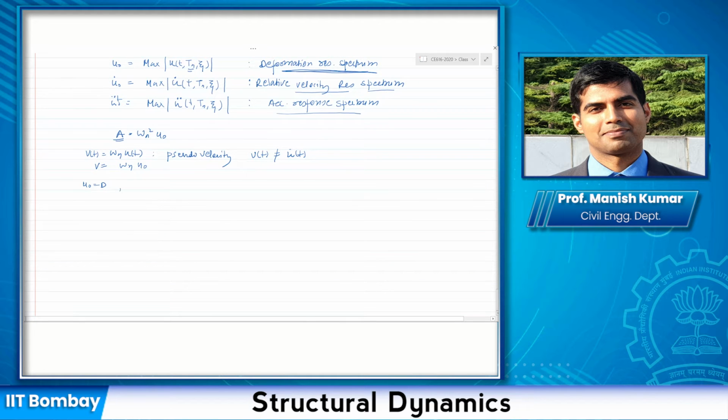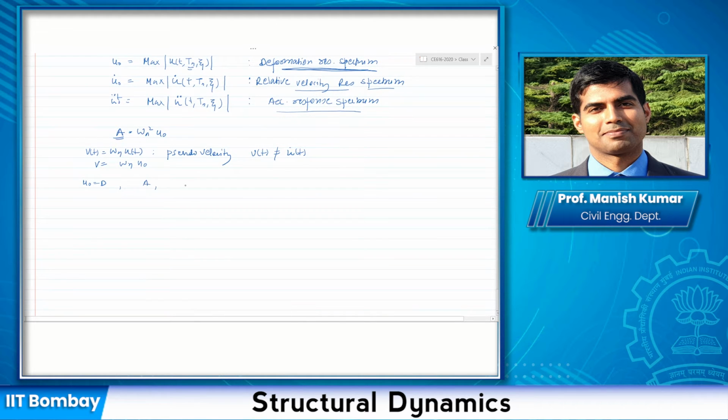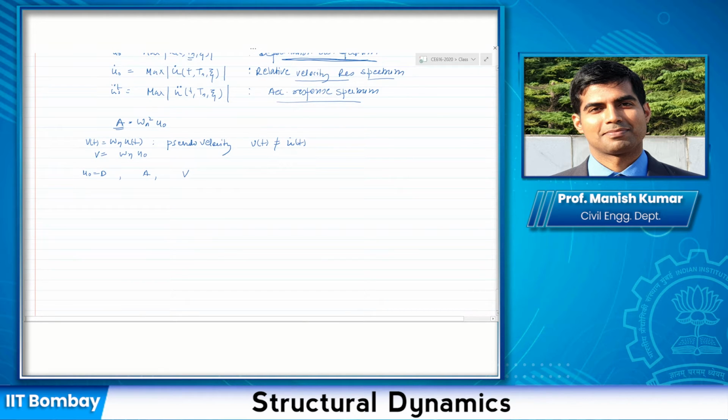Pseudo acceleration and pseudo velocity are related as per these equations, and this can be further written as A divided by omega n is equal to V is equal to omega n U naught. So peak response quantities are written like this, and even if you have one of these quantities available, you can get the other two just using this equation.